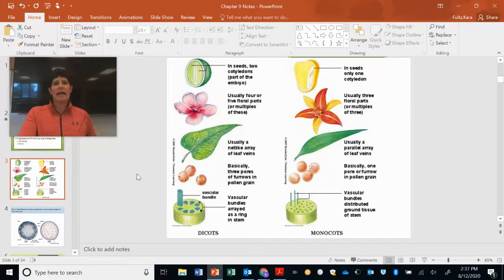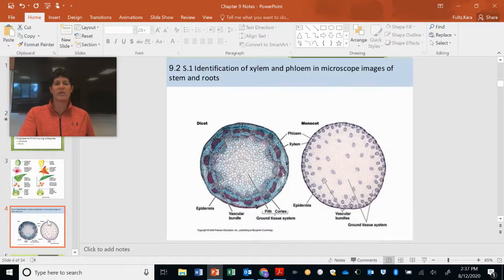When you're looking at slides, though, and IB does this a lot, sometimes they have practice questions with pictures like this, you can also clearly see the difference between monocots and dicots when you're looking at a transverse section of the stem. So if I cut that and look at it, the dicot has a ring of vascular tissue, with the xylem and phloem on the outside edge of that stem.